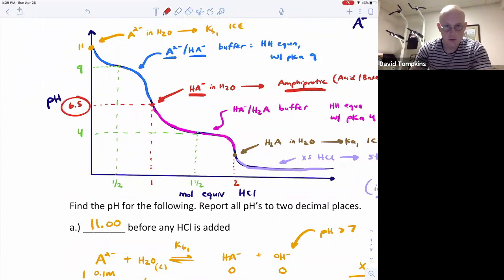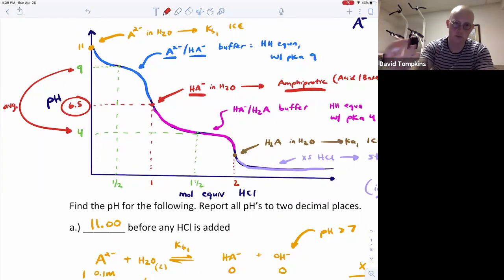In other words, the half equivalence points before and after can just be averaged to give any equivalence point between them. Now that only works for equivalence points that are between two half equivalencies. We won't be able to do that for the final equivalence point.